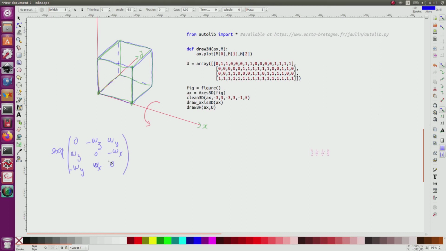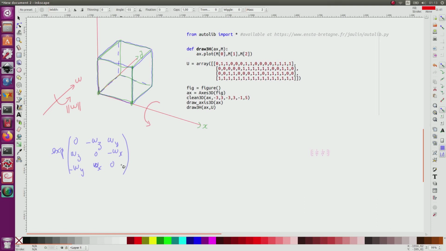So this corresponds to the rotation matrix, thanks to the Rodrigues formula, around omega, like this, with an angle corresponding to the norm of omega.